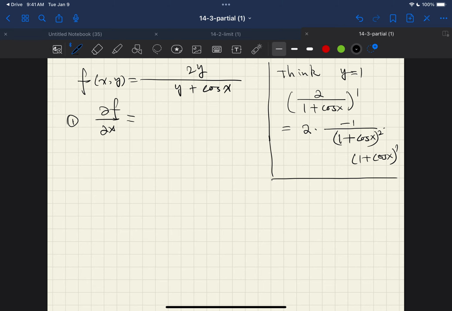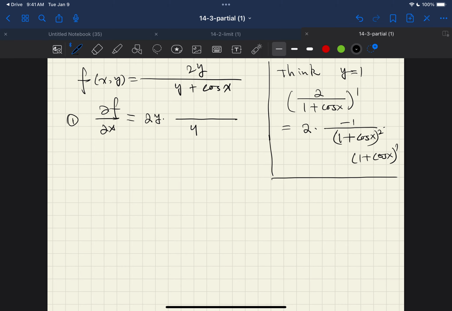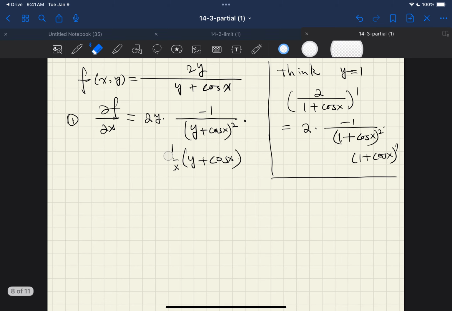I will write this 2y first, and then this is (y plus cosine x) to the negative 1, times the chain rule, so (y plus cosine x) prime, but in this term, this prime means d/dx, or you can write partial x.